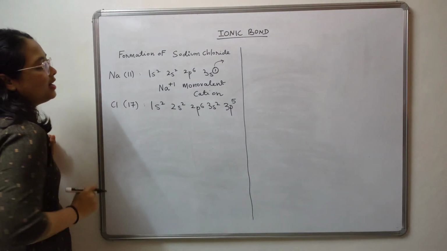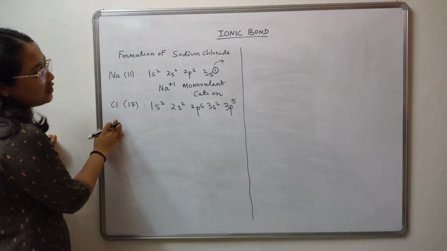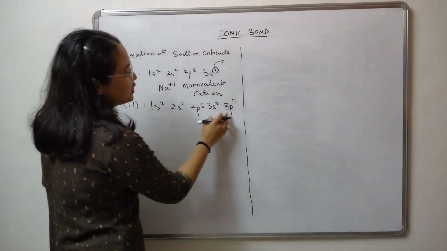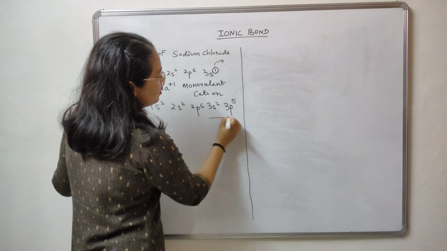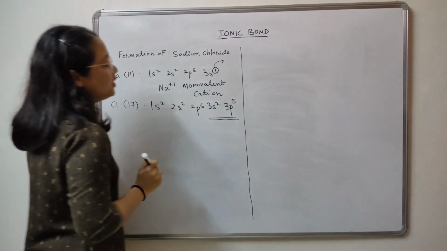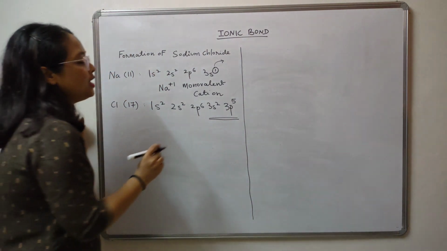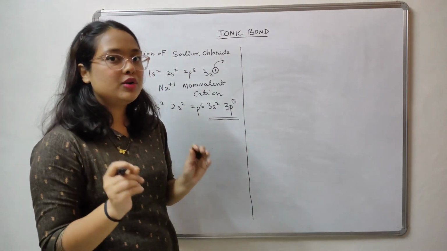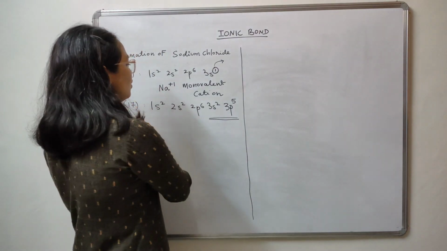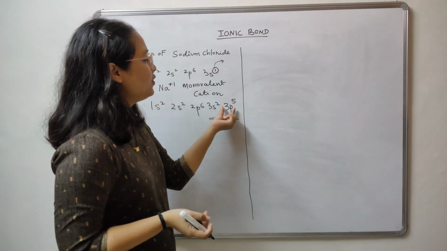Come and have a look at chlorine. In the case of chlorine, what is happening? I have 3s2, 3p5. This is the outermost shell. So chlorine has an option in order to become stable, with respect to 3p5.